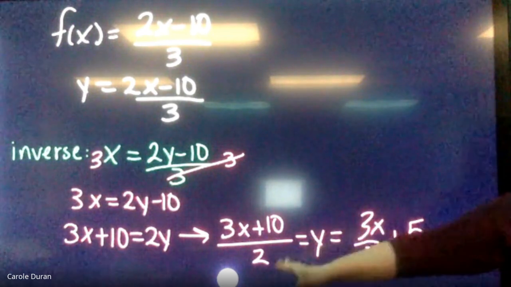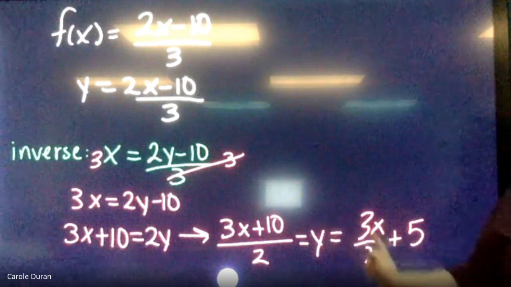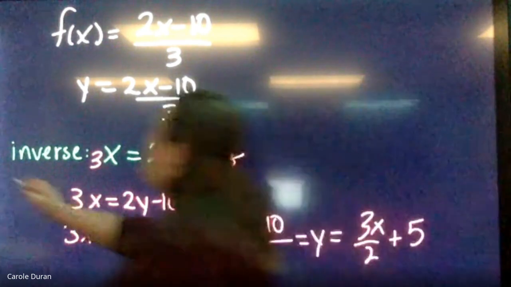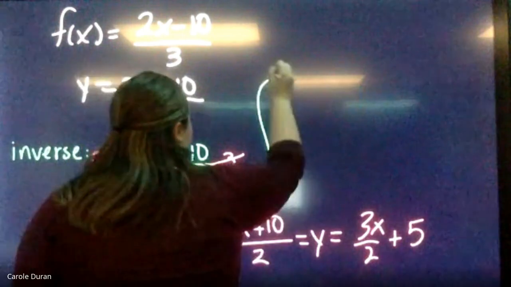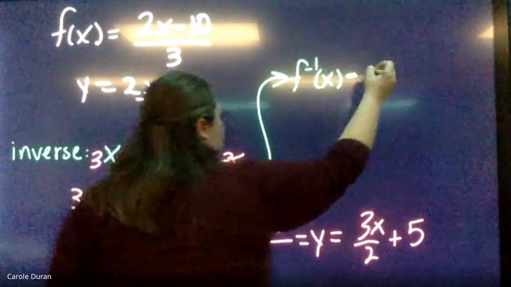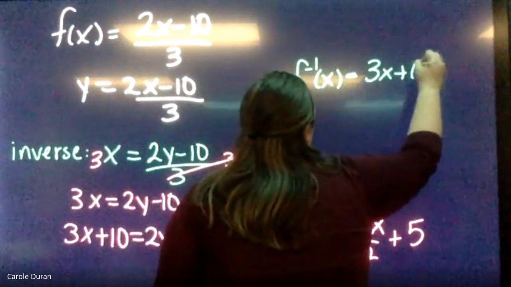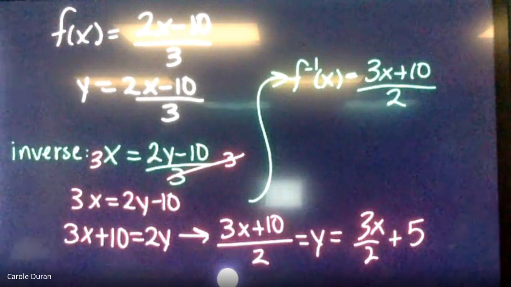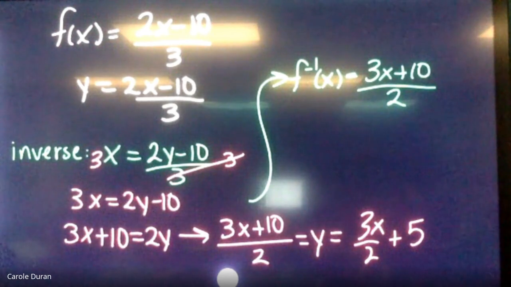Just know that these two are the exact same thing. On this one, we just split it up into 2 problems and divided each by 2. So again, we still have to write our inverse formally. So it's going to be f negative 1 of x equals 3x plus 10 over 2, or 3/2 x plus 5, if that's the one you prefer.